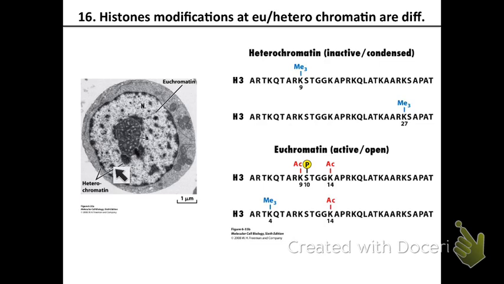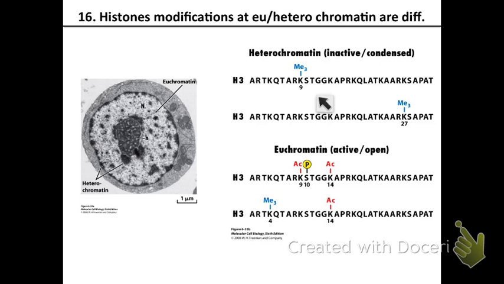The heterochromatin are these dense, dark stained regions. It has much more compact DNA, and they're usually transcriptionally silent, so there's not much going on over here, okay, compared to the euchromatin. And when the researchers looked at the different kinds of histone modifications in euchromatin and heterochromatin, they realized that different modifications tend to associate with different kinds of chromatin, right?